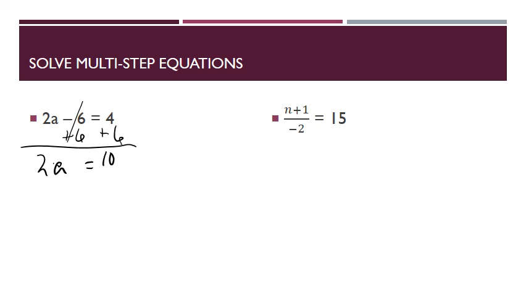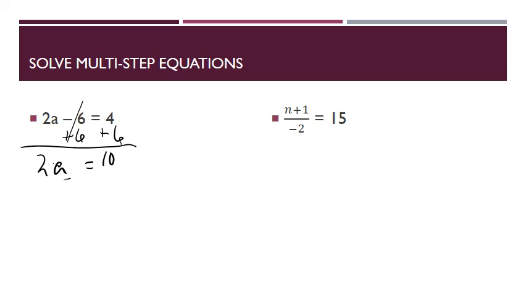Well, to achieve our isolation of the variable, over here on the left-hand side, we've got 2 times a. The opposite of multiplication, or maybe more mathematically, I might say that the inverse of multiplication is division.